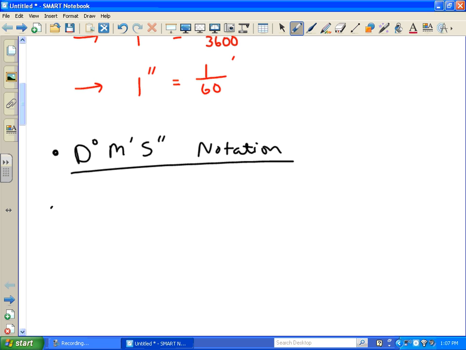The other way that we can measure angles is by using decimal degrees. Decimal degrees means that you're going to have, most of the time, a whole number unit in the front followed by a decimal and then a string of decimal numbers. But the only unit that you're going to have in this particular way to measure angles is degree. You're not going to have the minutes and the seconds.